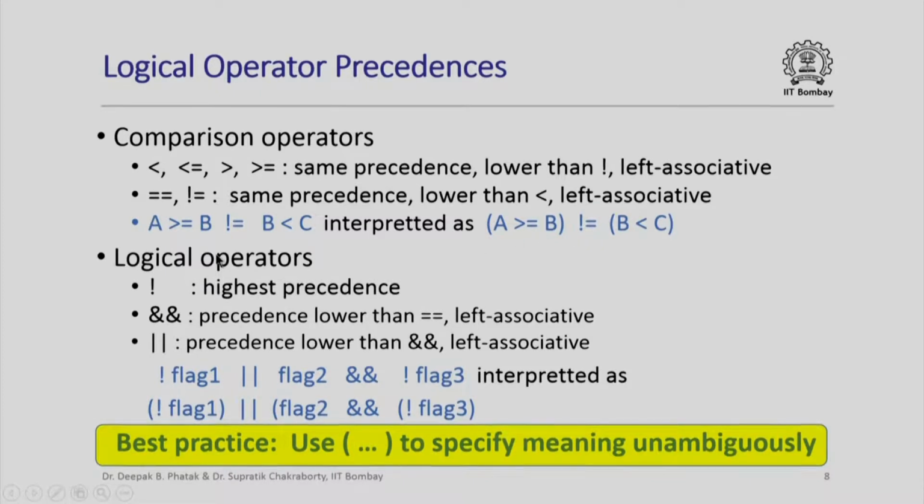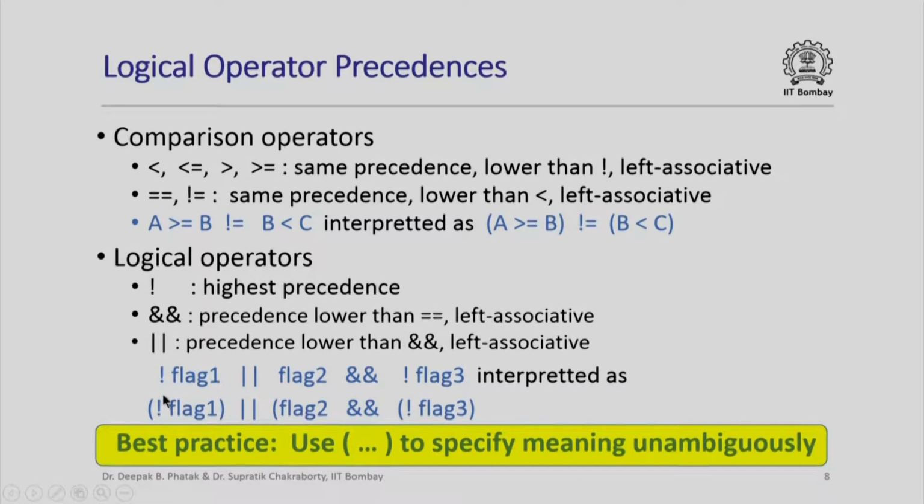We can also have logical operators and precedences between them. For example, among the logical operators, negation has the highest precedence, then is binary AND, and then is binary OR. Binary AND is left associative and so is binary OR.